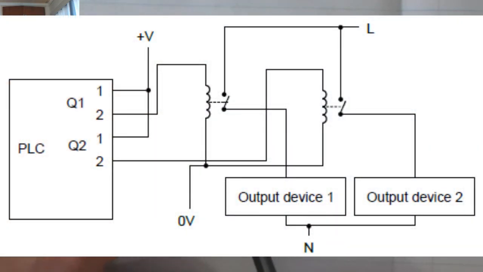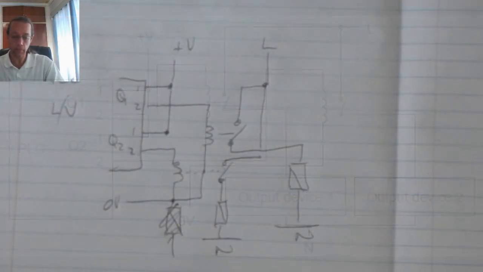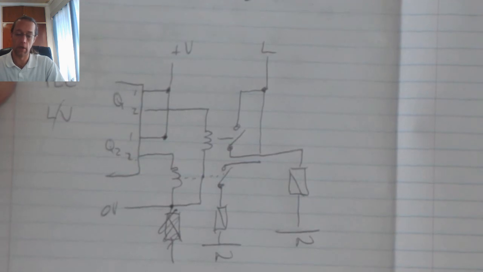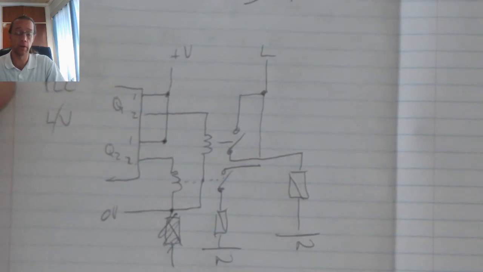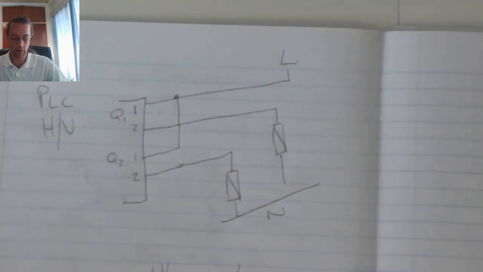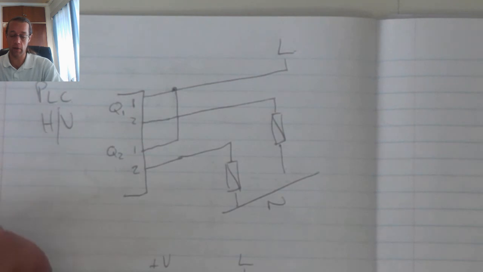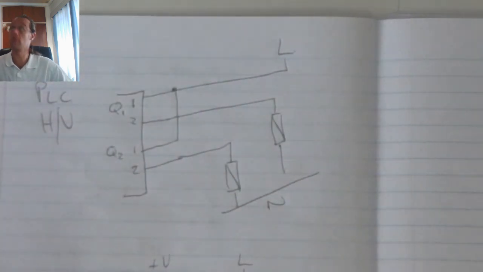The switch side of these relays will connect to my live in order to supply my contactors with high power. If we're using low voltage contactors, we can combine the low voltage PLC with the low voltage contactors.